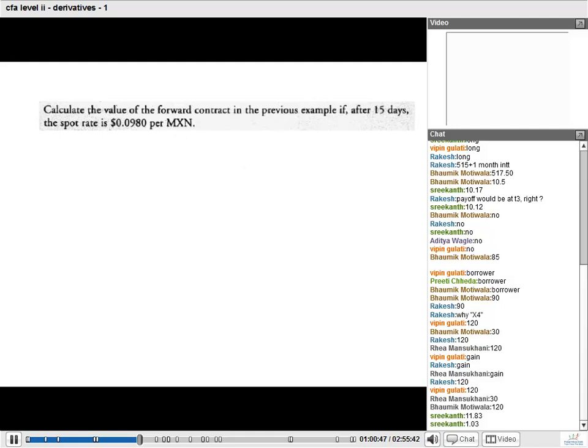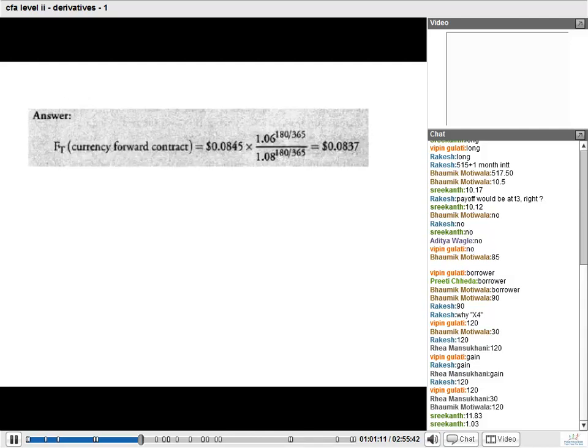Calculate the value of the forward contract in the previous example if after 15 days the spot rate is $0.098 per Mexican peso. So I entered into a 180-day contract. The contract that I entered into was for an exchange rate of 0.0837.